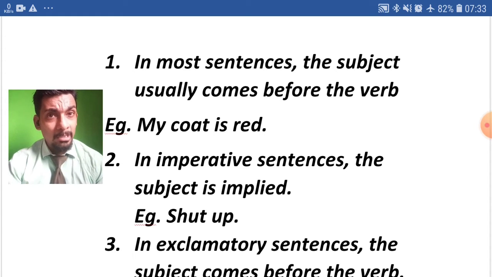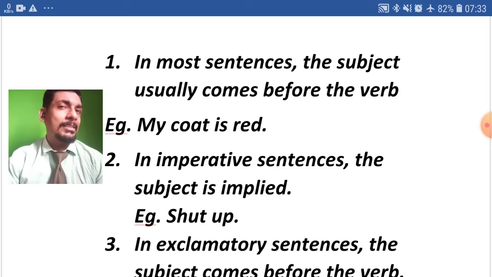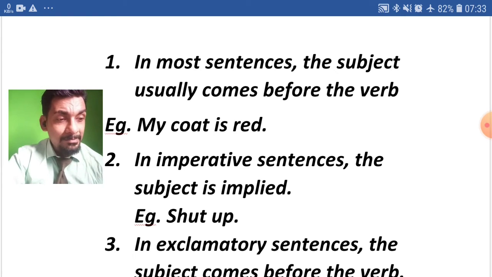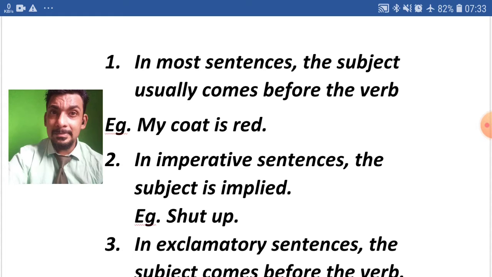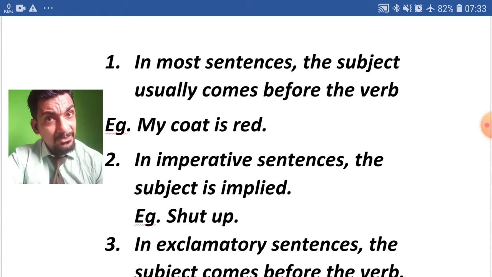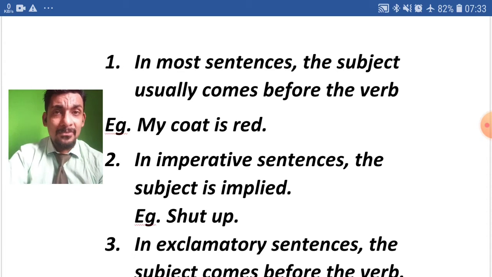And this rule I also taught you where I was teaching you the structure of framing a correct sentence. If you remember, I taught you the correct structure of framing a sentence was S plus V plus O. Means first came the subject, then came the verb, and then came finally the object.